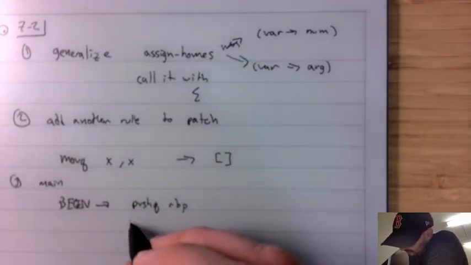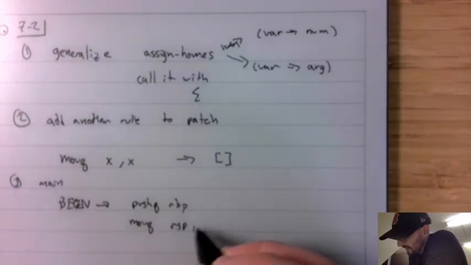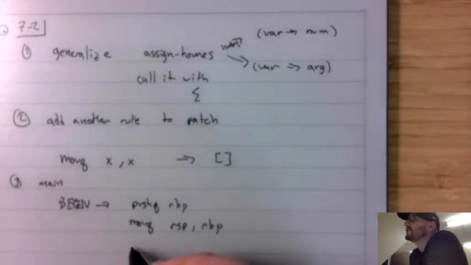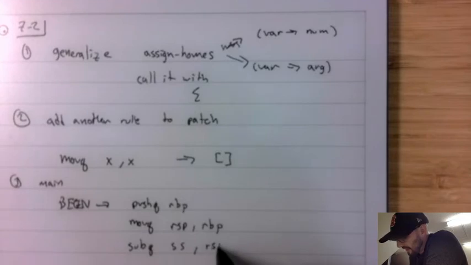Then it would say movq the stack pointer into the base pointer. Then it would subtract the stack space from RSP, and then it would jump to the body.